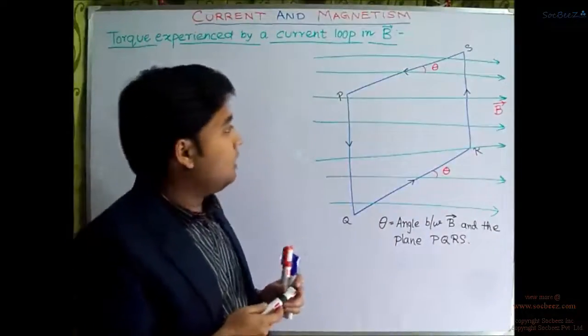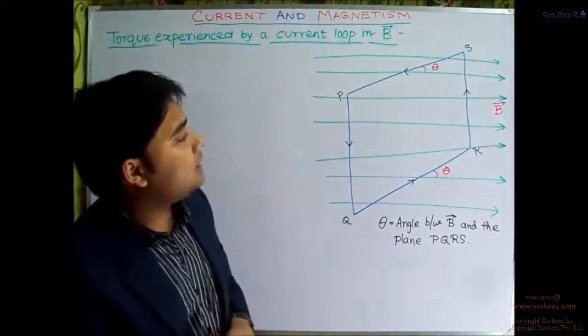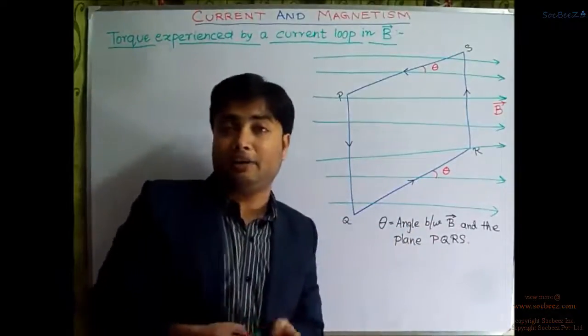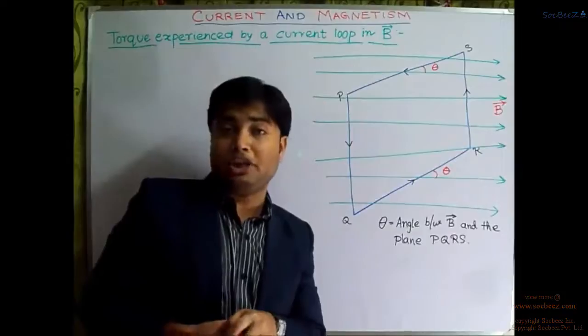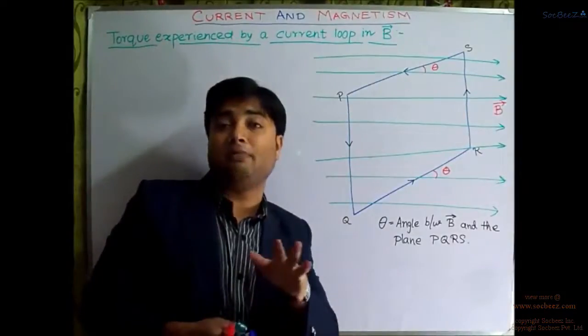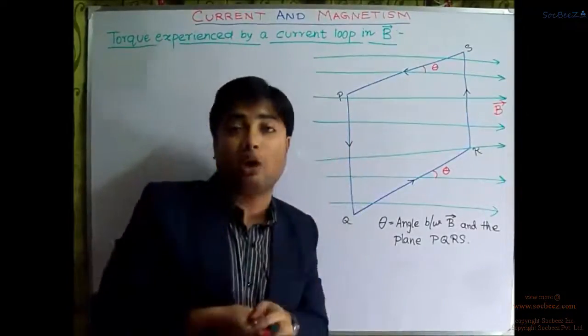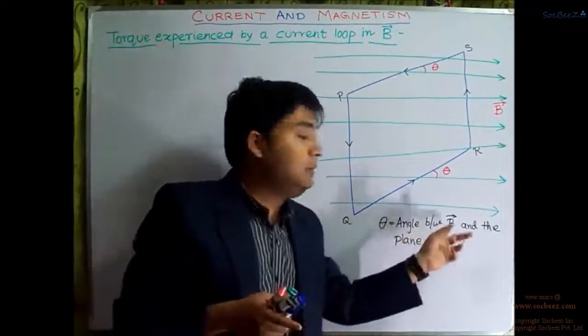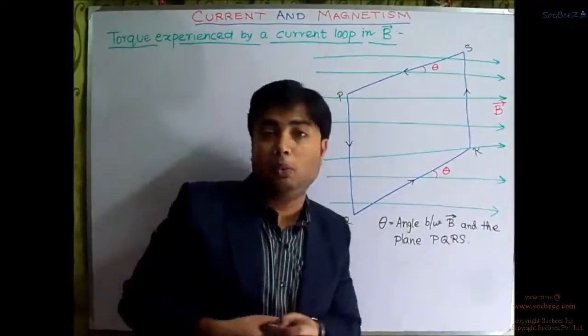In many places it is said that theta is the angle between B and the area vector. If we deduce accordingly, it will simply give us a totally different formula. Right now we are taking theta as the angle between B and the plane PQRS, right?